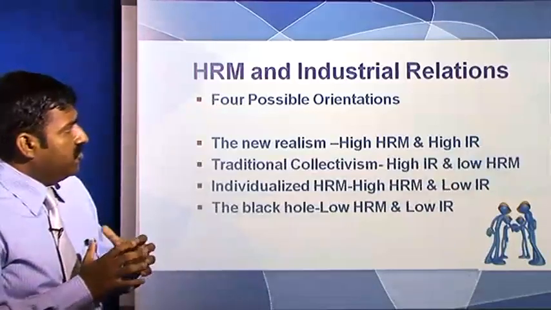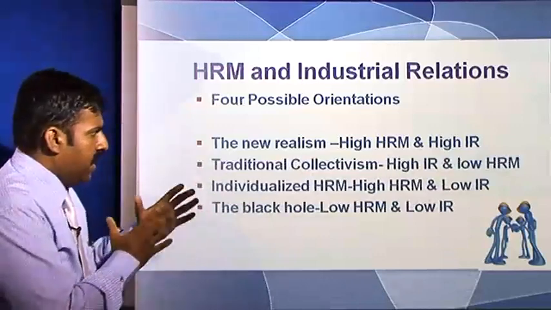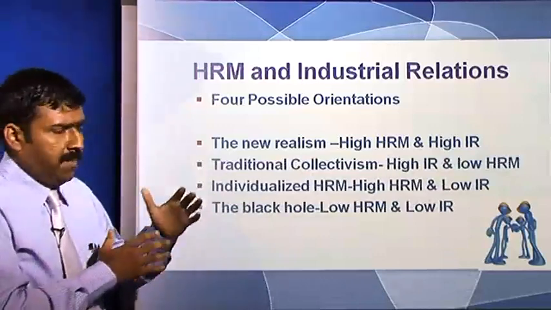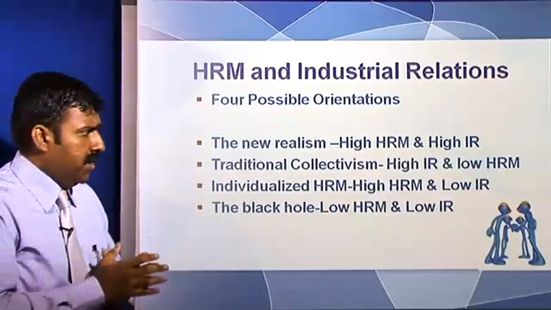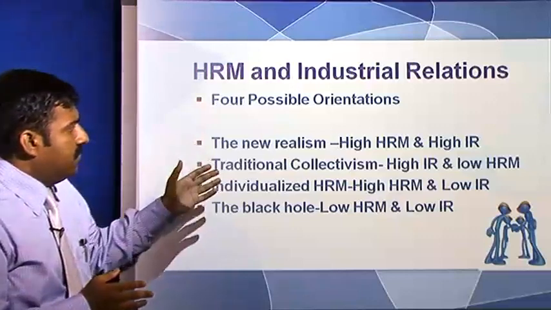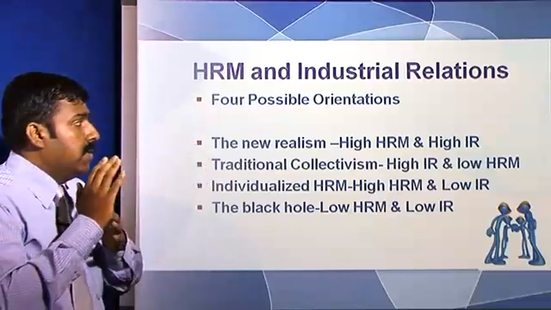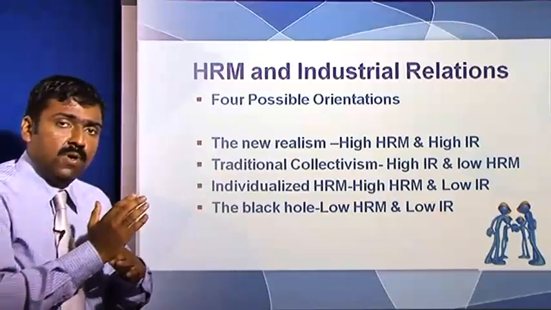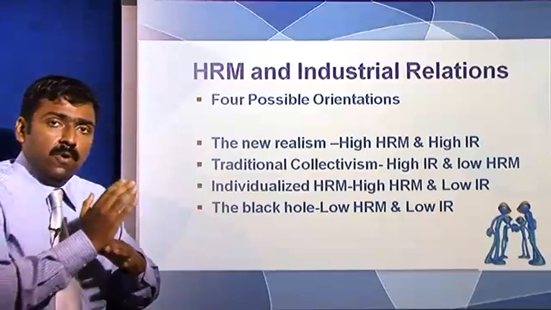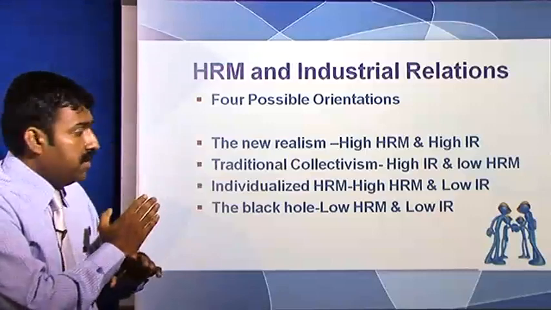Now, what are the 4 possible orientations? It was defined on these dimensions, HRM and IR, wherein organizations can have high or low orientation on each. The first is the new realism, wherein the organization has an orientation towards high HRM and high IR practices. These are valued, and the employee is at the top of all the decisions, so it fits into the new realism quadrant.